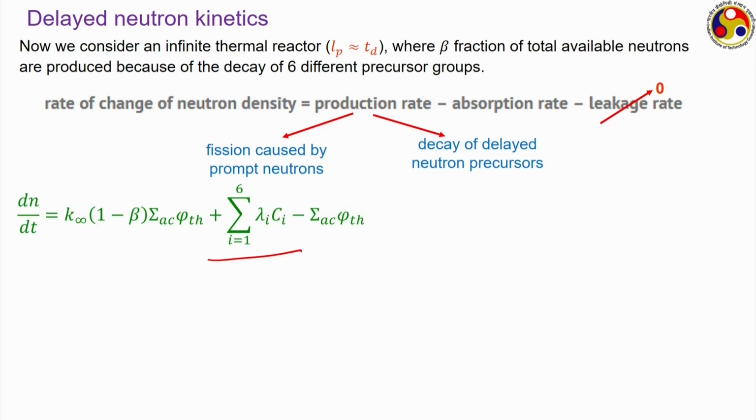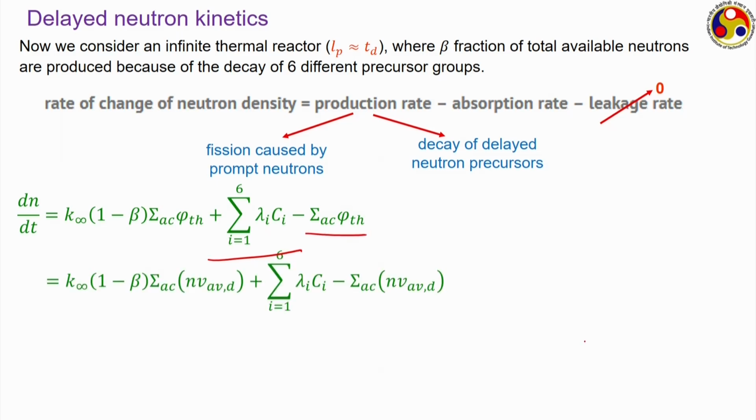And finally, we have the absorption rate here. Now, phi we know can be written as the neutron density into the average velocity of neutrons. So this change has been made here: phi has been replaced by n into V average for the diffusing neutrons.